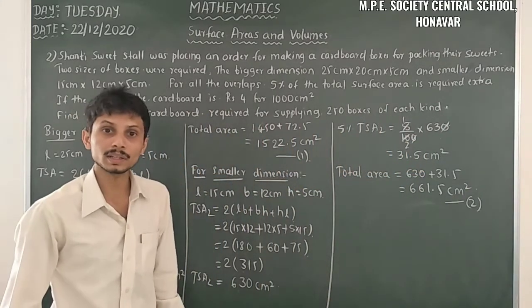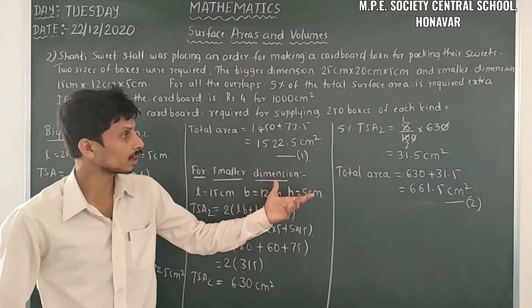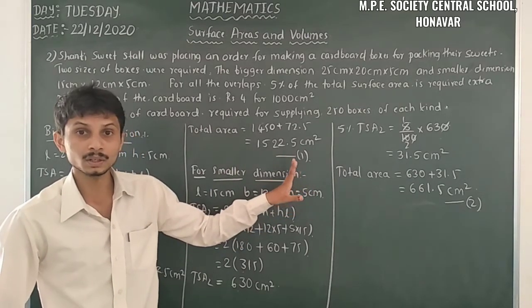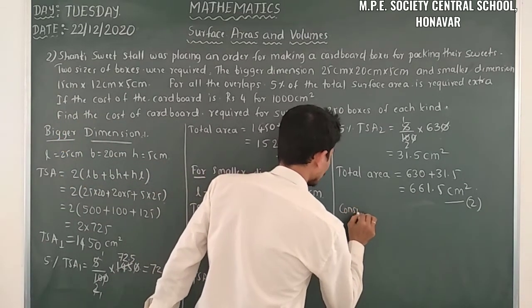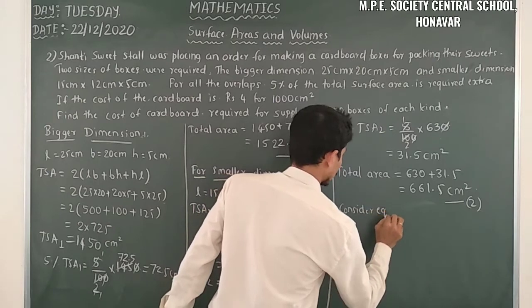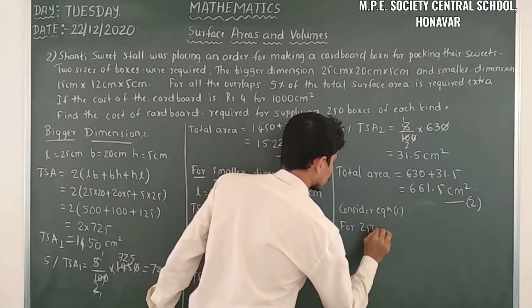Then we have to calculate for the 250 boxes. We have to calculate the total area for the 250 boxes. Consider equation number 1 for 250 boxes.